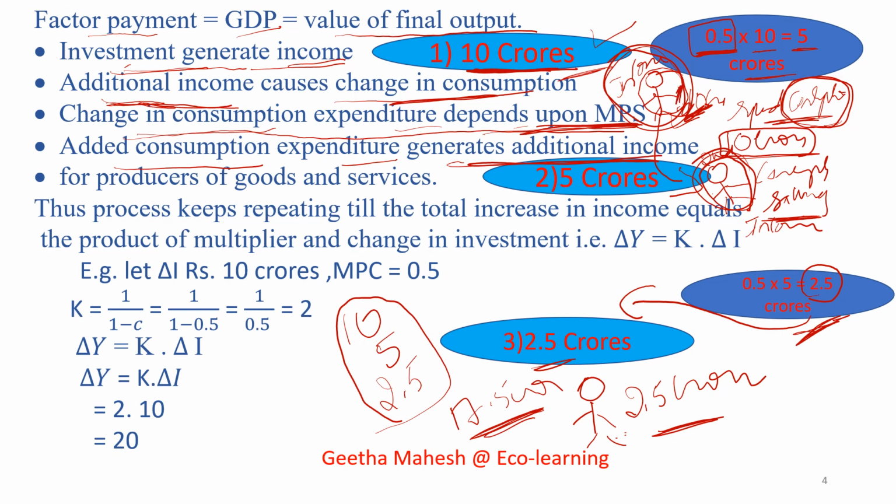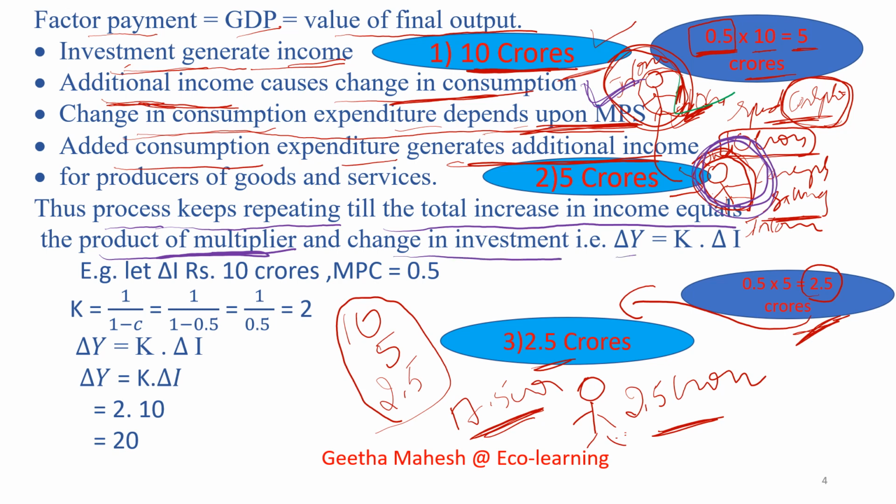When this first person spends his income, the second person is going to get additional income, and this process will continue. The process keeps repeating till the total increase in income is equal to the product of the multiplier and the change in investment.